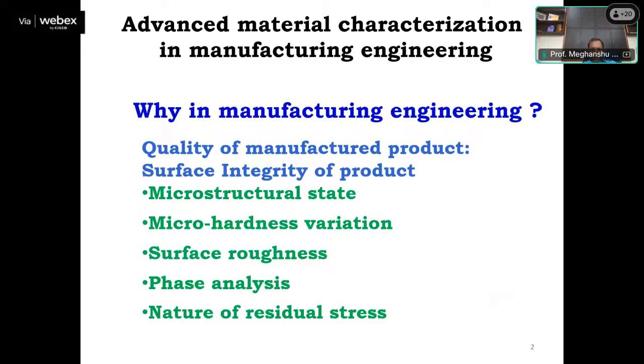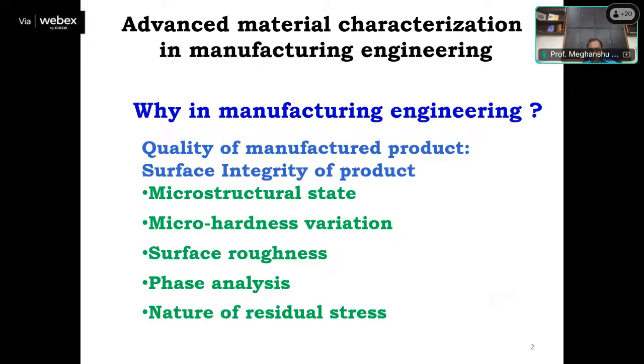This surface integrity of a manufactured component is the integration, or summation, of microstructure state, micro hardness variation, surface roughness, phase analysis, and nature of residual stress.